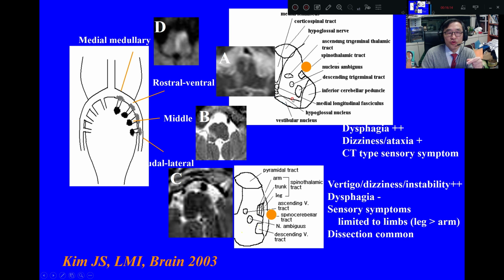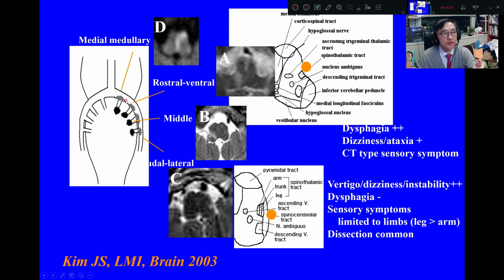So they usually have minor dizziness and ataxia, but it can involve heavily the upper part of the nucleus ambiguus, leading to severe dysphagia. So they suffer from aspiration pneumonia. They sometimes need ICU care. So prognosis-wise, this pattern is worse than this pattern. There are, of course, intermediate patterns.